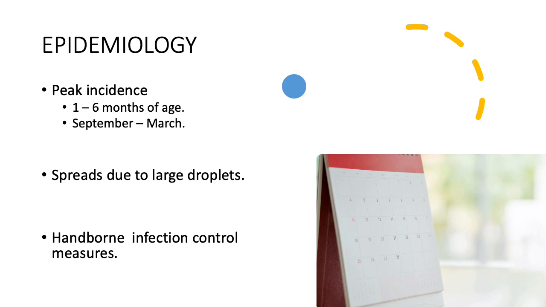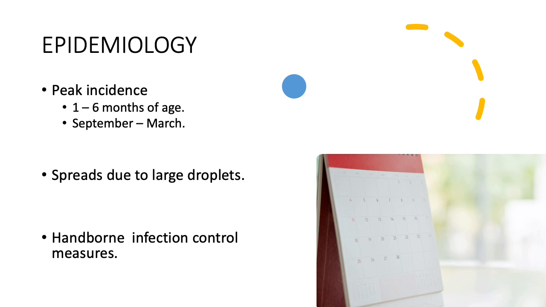Coming to epidemiology, the peak incidence of acute bronchiolitis is seen in infants of 1 to 6 months of age, usually during the months of September to March, that is the winter season. The spread of respiratory syncytial virus or other viruses causing acute bronchiolitis is through large droplets. What do we mean by large droplets? Whenever a person who is infected with such viruses, usually an adult in a family, coughs or sneezes, he throws out these viruses in his respiratory secretions in the form of large droplets.